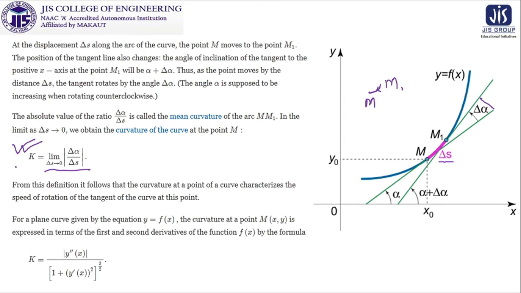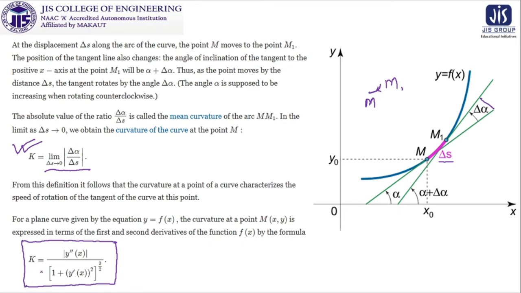So for this plane curve given by the equation y equal to f(x), now we are entering into the calculation part. The curvature at a point M(x, y) is expressed in terms of the first and second derivatives, by this formula. This formula is now our working rule, the thumb rule, for practicing the problems of curvature.